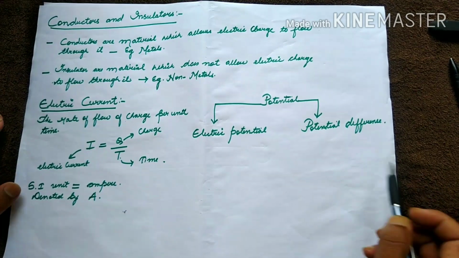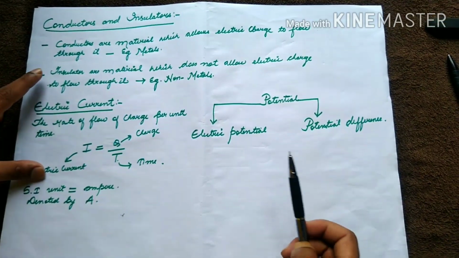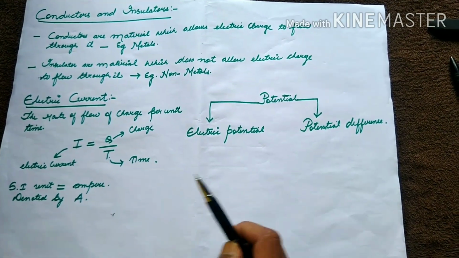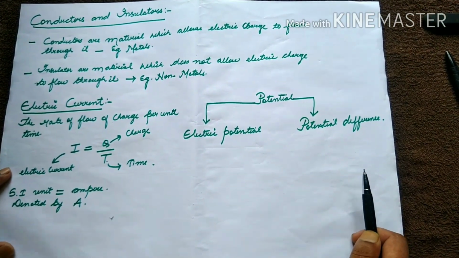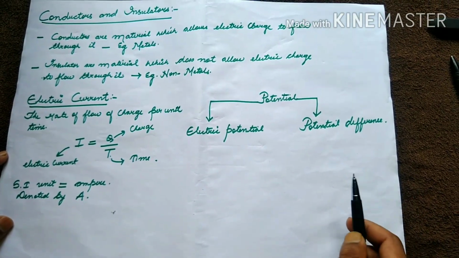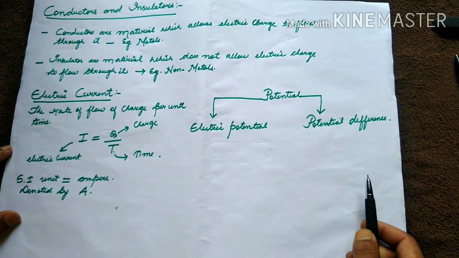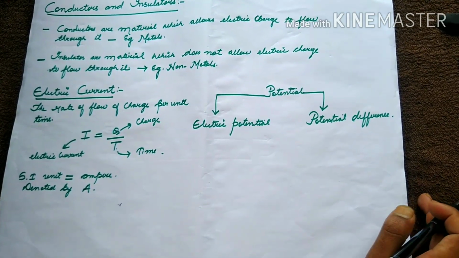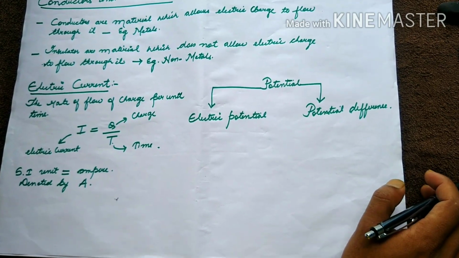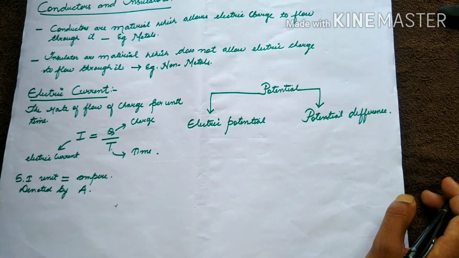And on the reverse side, we have the insulator, which is exactly the opposite of a conductor. That means it does not allow electric charges to flow through it. Examples: non-metals, plastics, though there are some exceptions. So just understand that conductors are those which allow electric current to flow through them, and insulators are those which do not.